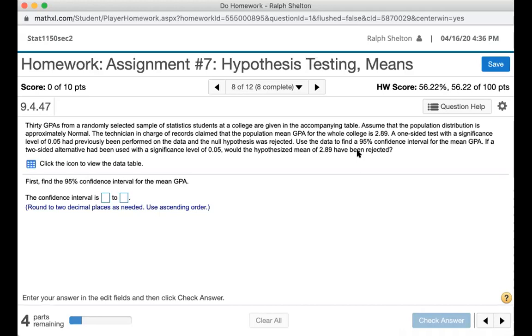So here's a case where they're showing you that you get different results, perhaps, when you do a one-sided test as opposed to a two-sided, okay? It doesn't tell you which one-sided test was performed here. It just says a one-sided test was performed. Okay, so it wants us to use the data to find a 95% confidence interval.